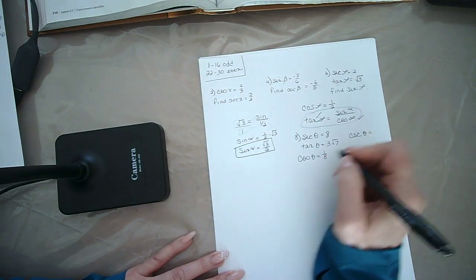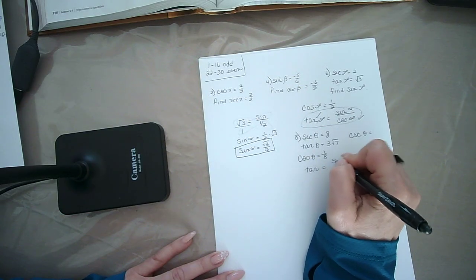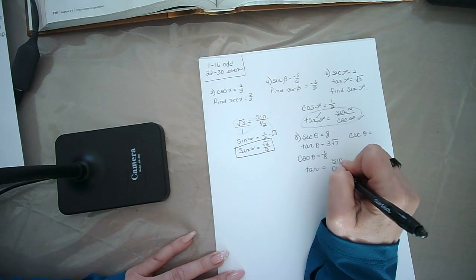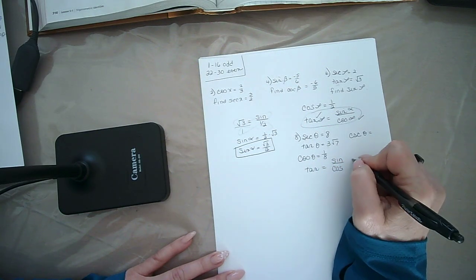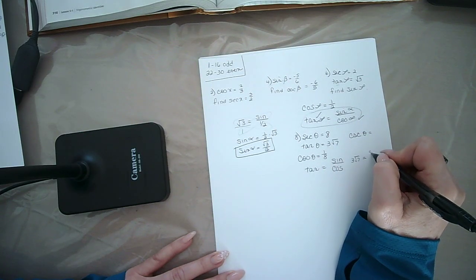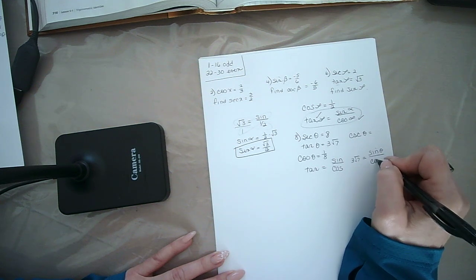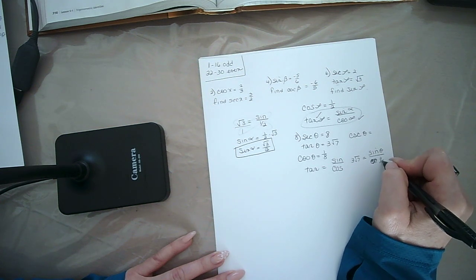So now I know that tangent is equal to sine over cosine. Tangent is 3 radical 7 equals sine, which we still don't know, over 1/8. Oh, I didn't mean to write cosine, I meant to put 1/8.